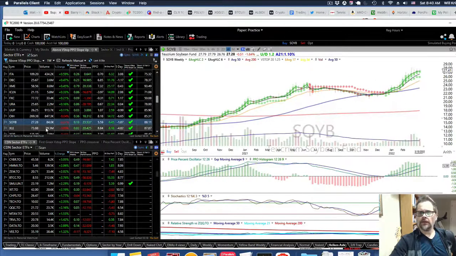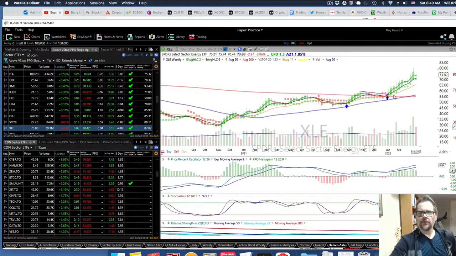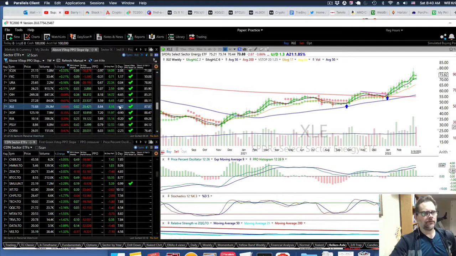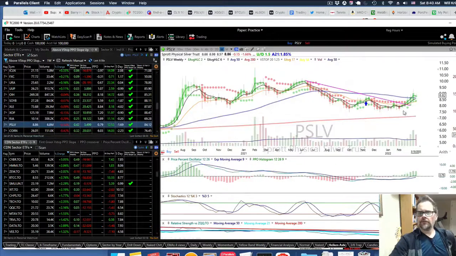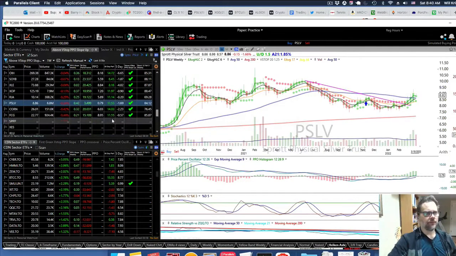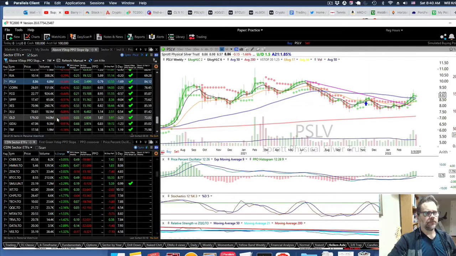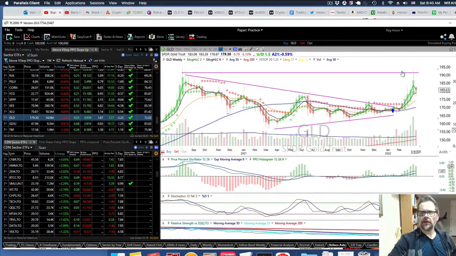Soybeans, XLE. These are all things where obviously you want to get in earlier, but they're in nice uptrends. Corn is another commodity, beautiful uptrend. Silver's just poking up above the 50, so it's an entry point. Ideally this moving average of the MACD, or price percent oscillator, is up above the 50, but we're close to that point. Gold hit a previous high and it's pulling back, so if it establishes a new uptrend, that'll be a good entry point.